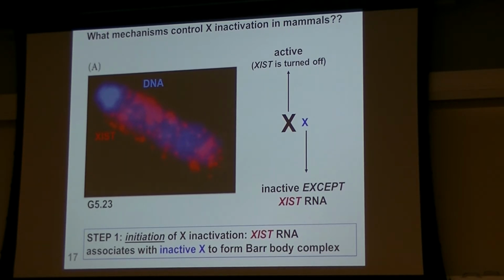So this could perhaps set up some hypotheses to think that you need to have this exist RNA as part of the mechanism for either initiating or keeping the shutdown, the inactivation of the chromosome.